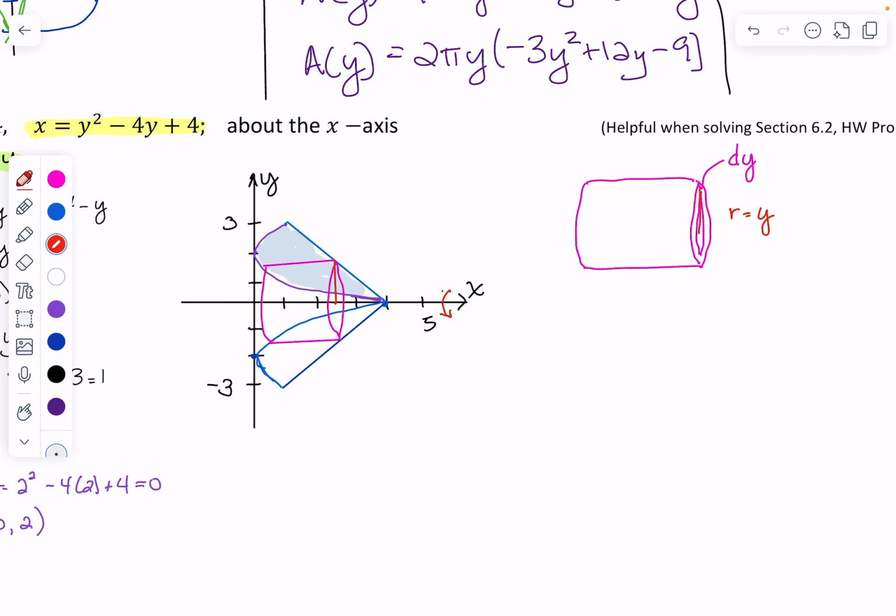If I'm looking for my height, let me get the highlighter. I'm looking for the distance from here to here. So I want it to be positive. So I'm going to take this equation, whatever that expression is, minus this one that goes like this. Or if you want to think about it up here where we actually have our original solid. So let's do that.